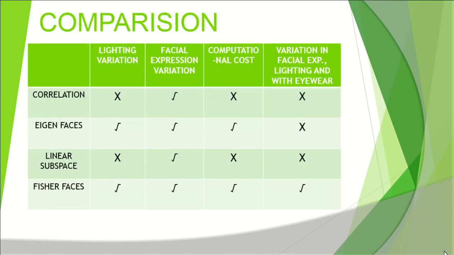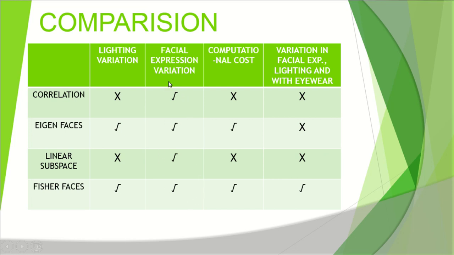Now let us compare these 4 models in 4 different categories so that we can choose one model for a project. Coming to lighting variations, we see that correlation and linear subspace fail to perform well, while on the other hand, the eigenfaces and the Fisher faces perform relatively better than correlation and linear subspace. Now coming to facial expression, we see that all of the 4 methods perform well.